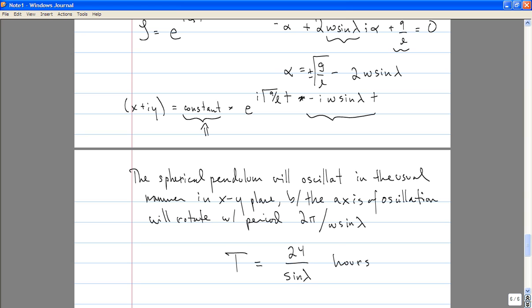I believe Foucault did his original experiment in the Pantheon in Paris, where he demonstrated that indeed the spherical pendulum had an axis of rotation which was periodic with period, whatever 2 pi over the sine over square root of 2 is, or 2 pi times the square root of 2 hours.